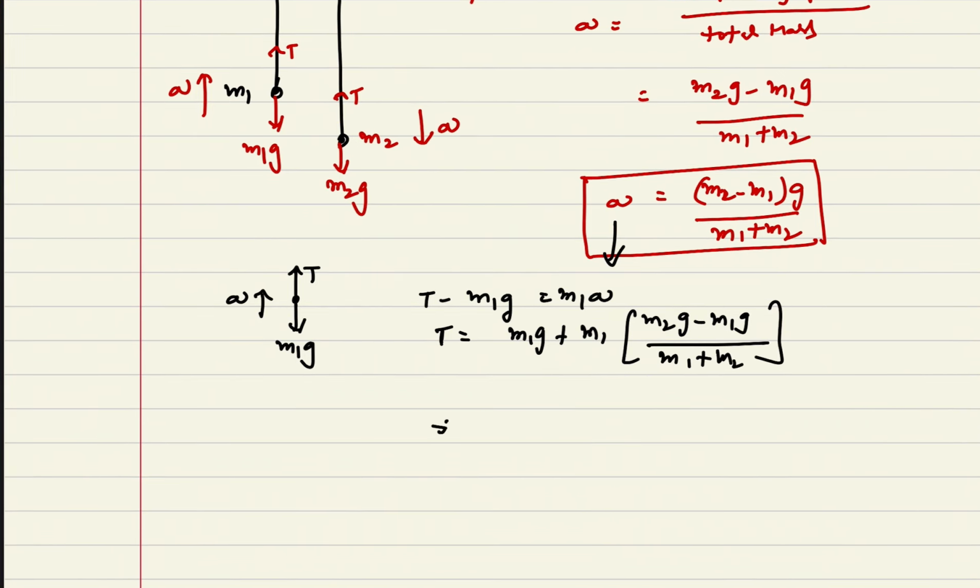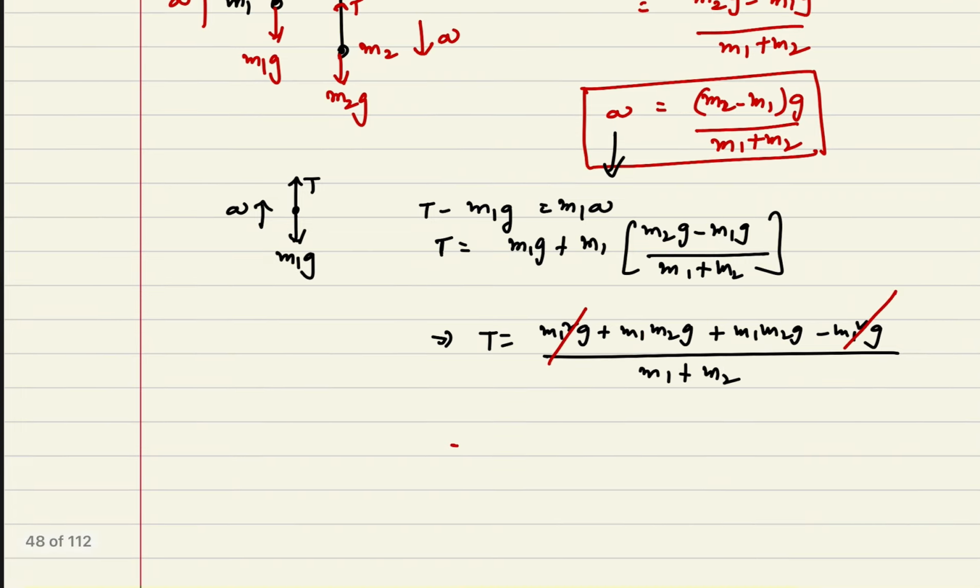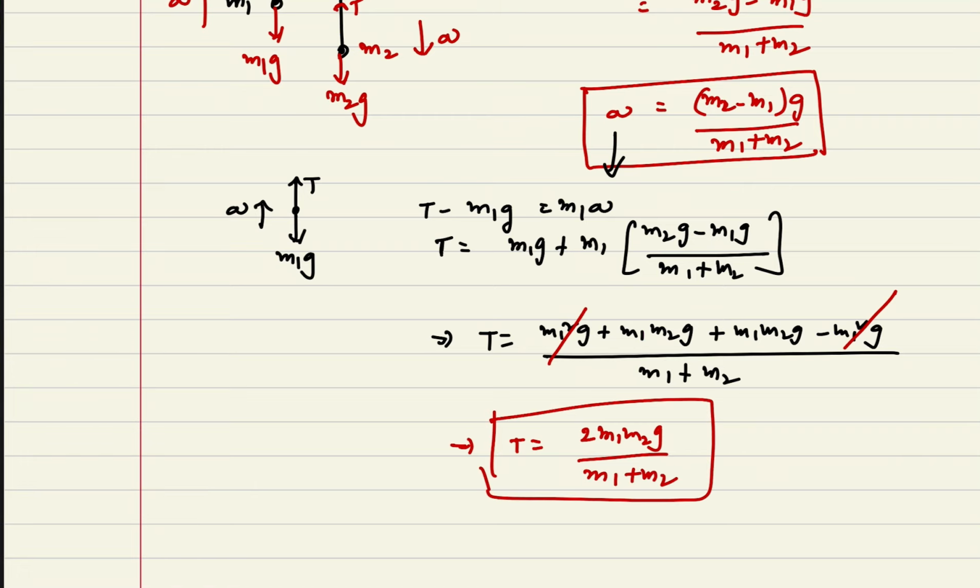We can write T equals (m1 square g plus m1 m2 g plus m1 m2 g minus m1 square g) divided by (m1 plus m2). As a whole you can see that m1 square g gets cancelled. Finally I get T is equal to 2 m1 m2 g divided by (m1 plus m2). This is the tension in the string.